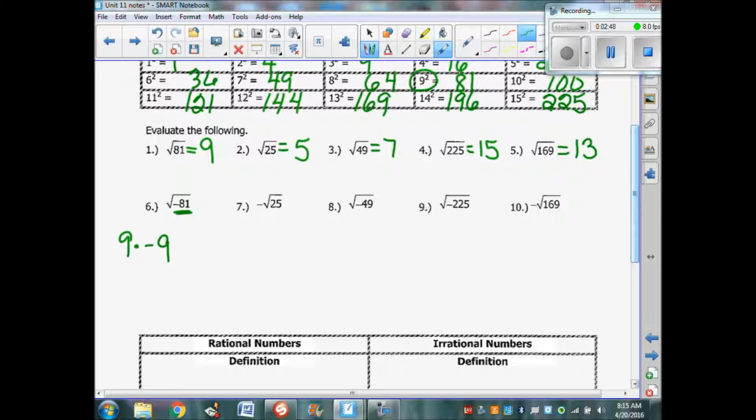But is that a number times itself? It's not, right? And then you might say, okay, well, what about negative 9 times 9? That gives you negative 81, but it's not a number times itself. These are opposites. And then somebody else might say, what about negative 9 times negative 9? That's a number times itself, but a negative times a negative gives you a positive.